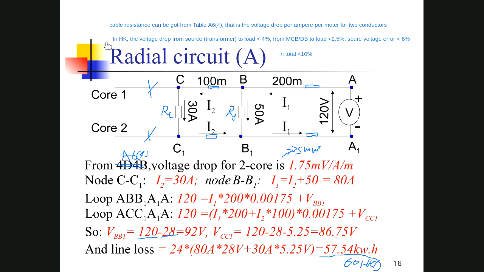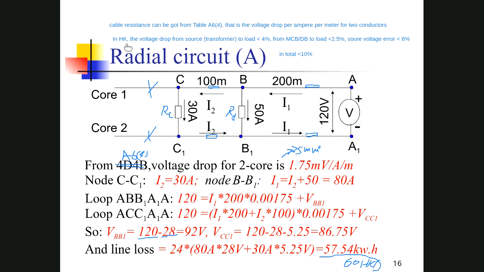So in Hong Kong, the voltage drop from the source transformer to the load is probably over a long distance. So the total voltage drop on the distribution line should be smaller than 4%. Among this 4%, from the final MCB board, the distribution board, to the load, in the final circuit, the voltage drop should be smaller than 2.5%.